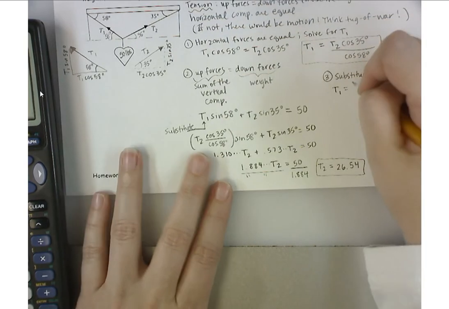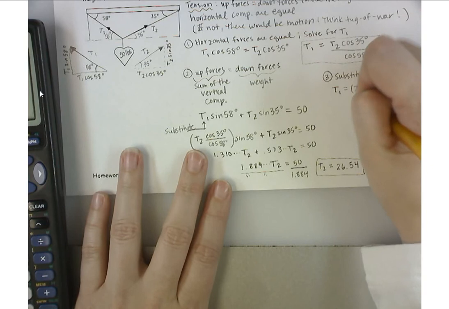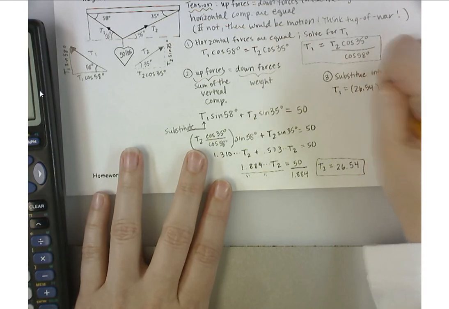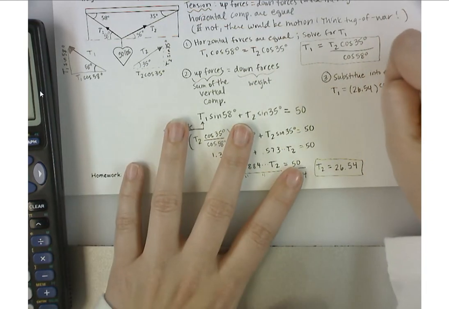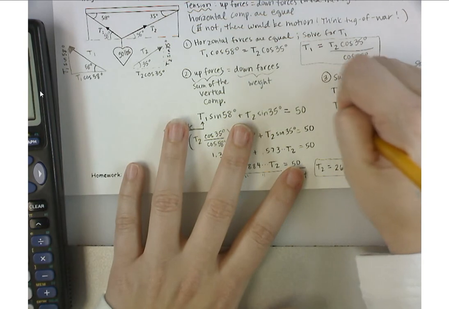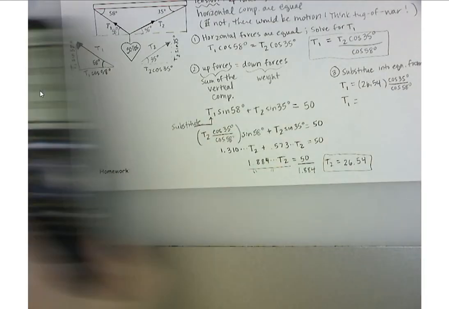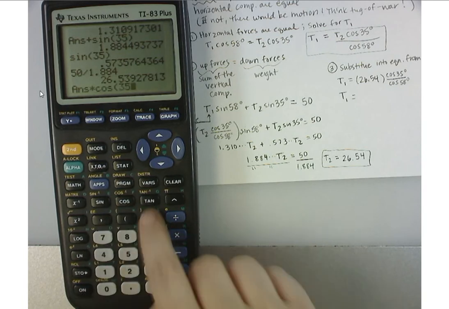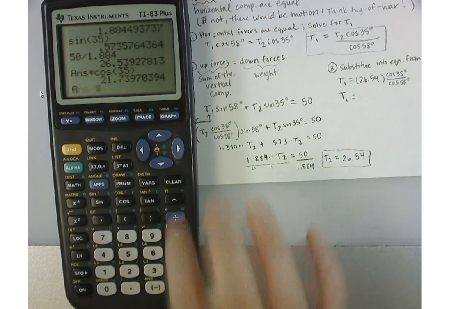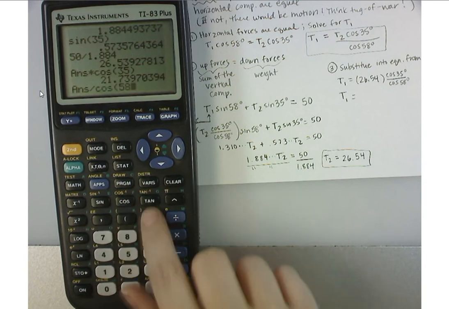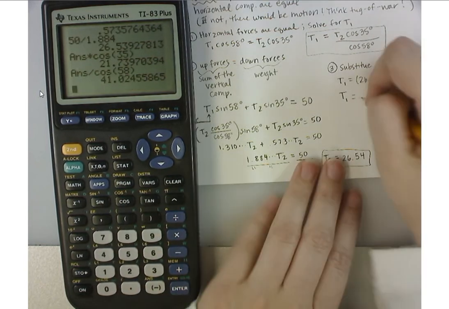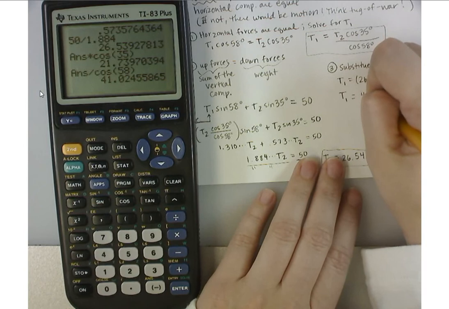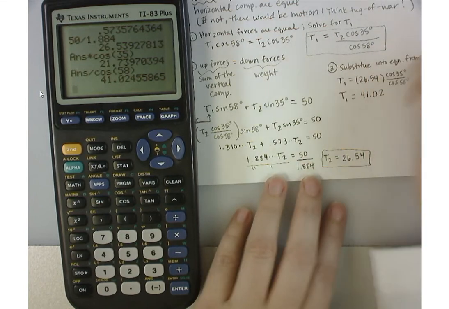So T sub 2 is 26.54 times the cosine of 35 degrees divided by the cosine of 58 degrees. I'm going to take that exact value and multiply by the cosine of 35, and then divide it by the cosine of 58. And then I get 41.02.